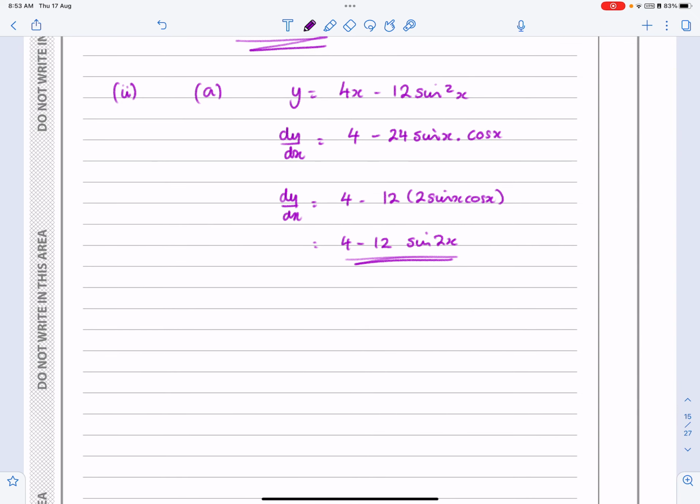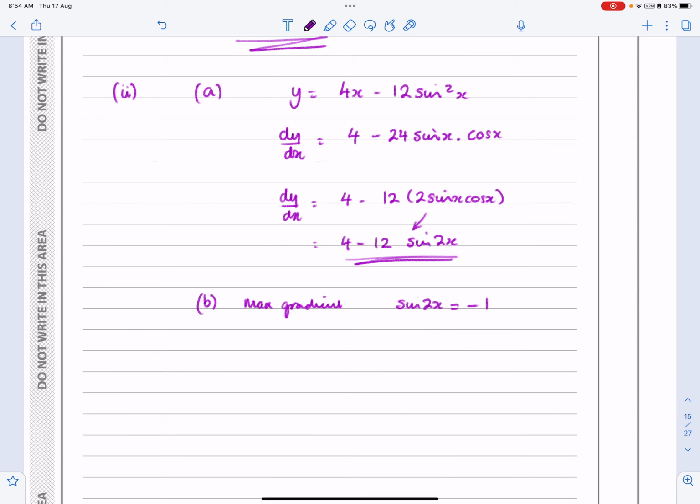Part B then was just talking about now trying to work out the maximum gradient. So the maximum gradient all depended on what we've got here. This is a nice easy one, and we're using the idea of what are the limits of sine. Well, sine goes from 1 to -1, doesn't it? Now, if we want this actually to be a maximum gradient, I actually want sine 2x to equal -1, because then I'll be doing minus times a minus makes a plus.